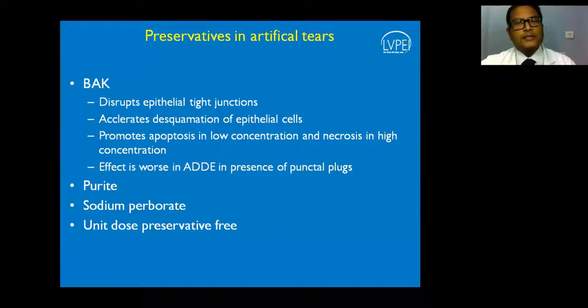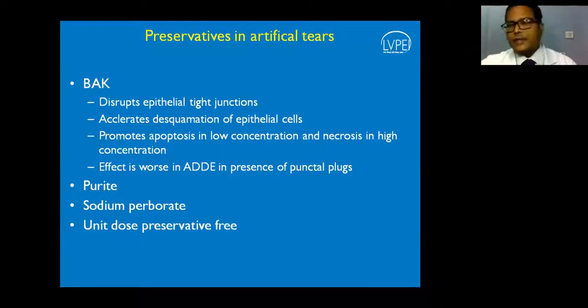However, this is something which causes a lot of ocular surface toxicity. It disrupts the epithelial tight junctions, accelerates the desquamation of epithelial cells, promotes apoptosis in low concentration, and causes necrosis of surface epithelial cells in high concentration.